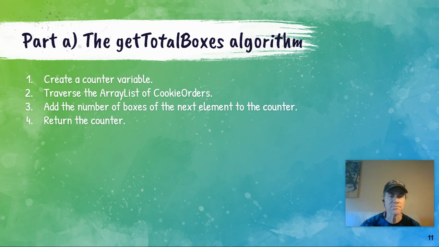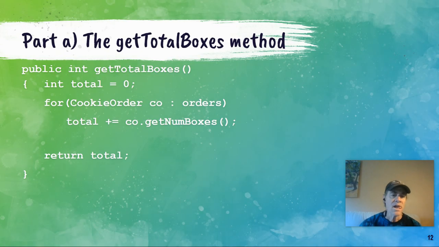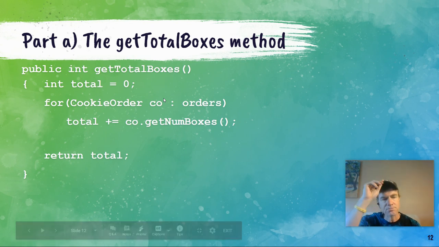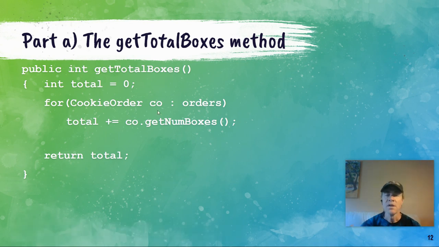I used a for each loop. I could have done a traditional for, but I'm not deleting any. I'm just going through top to bottom and counting. So I'm not adding elements to the array list. I'm not deleting any. The size is going to stay the same. So the for each loop looks like that's going to work.